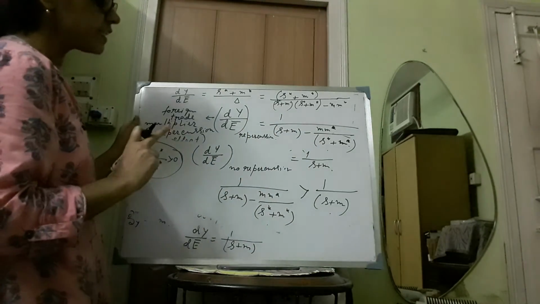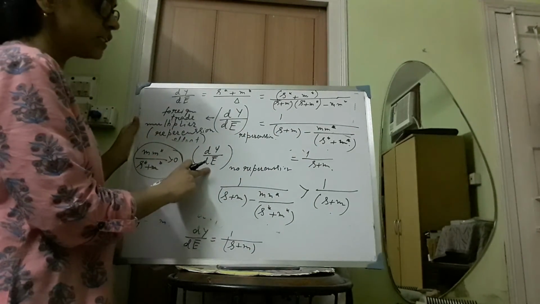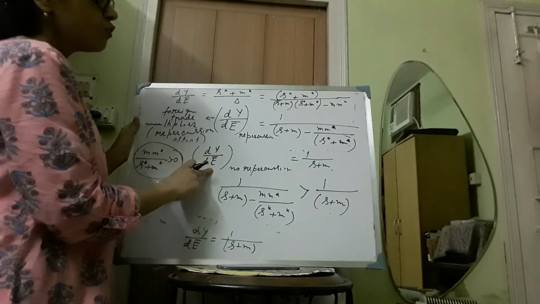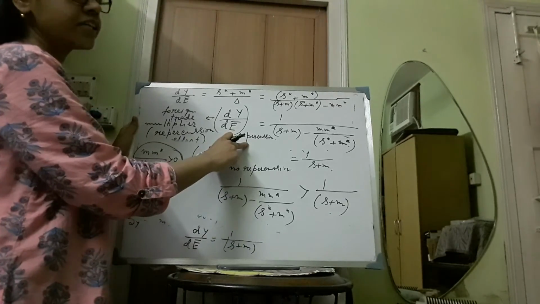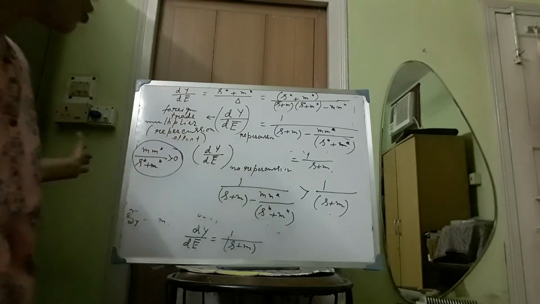So therefore we can say that the value of the foreign trade multiplier is greater when we consider the foreign repercussion effect between the trading partners.